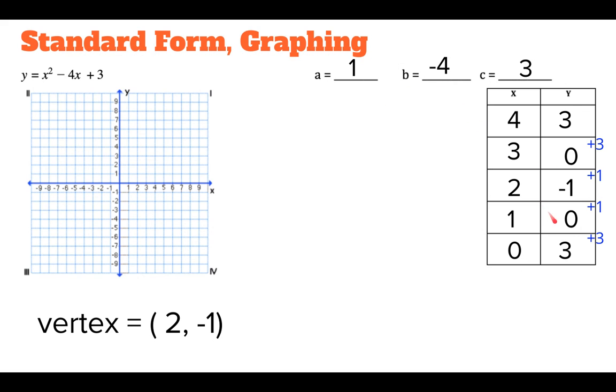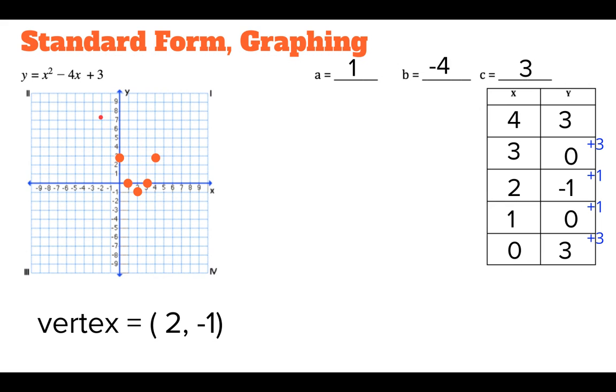Now, remember that these are symmetric, so they're going to be the same on each side of the vertex, and that's going to save us some time later. So now I can plot those points, and then you can draw in the graph right here, okay? So that's how you would graph that.